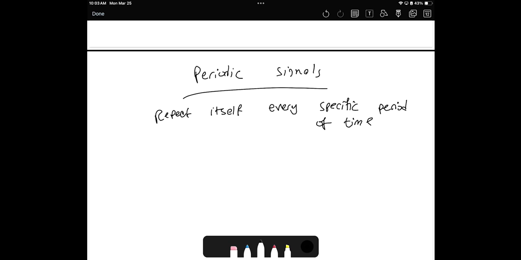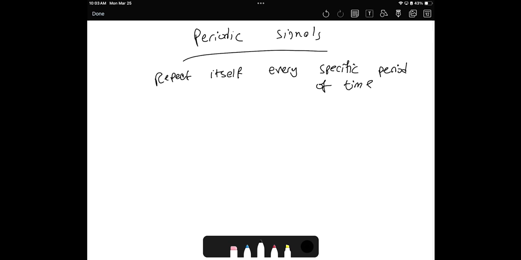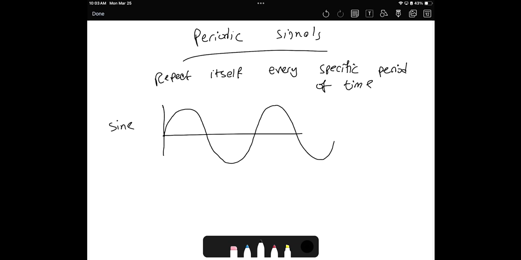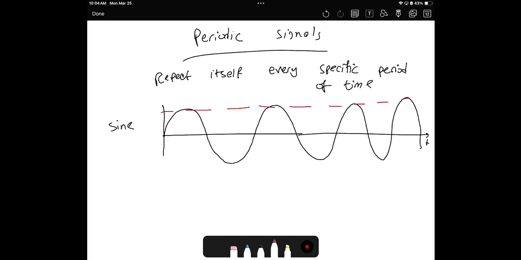Okay? So, as an example, the sine wave. We know it is bound between 1 and -1 and repeats itself forever, right? And if we put a magnitude, for example, it can be bound between A and -A, and we see that every specific period of time, it will be repeated.